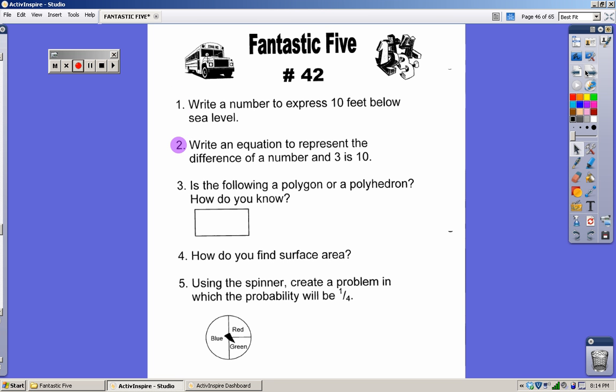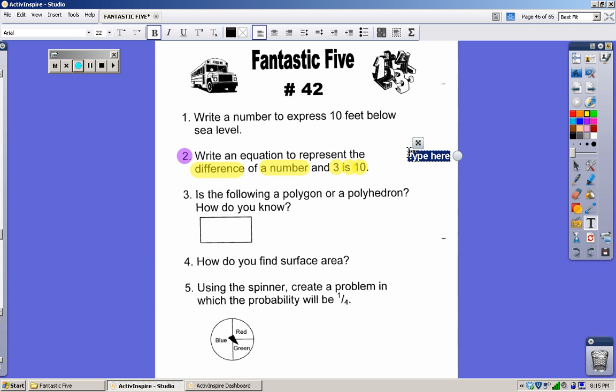Number 2, write an equation to represent the difference of a number and 3 is 10. Highlight your important parts first, it'll help you, and the important parts are difference, that means subtract, a number, which means a variable, any variable you choose, 3 is means equals, and 10. So we have the difference, which is our subtraction sign.